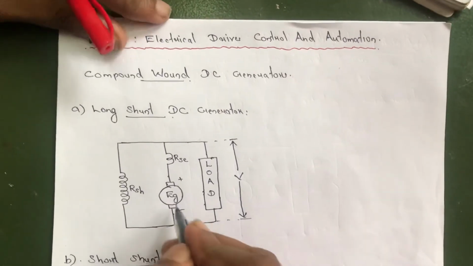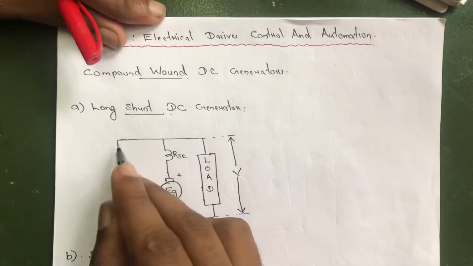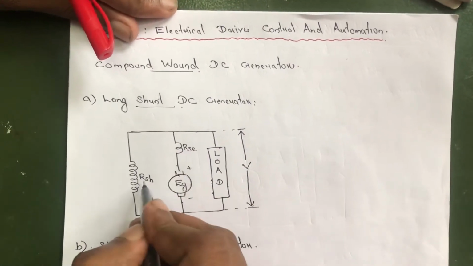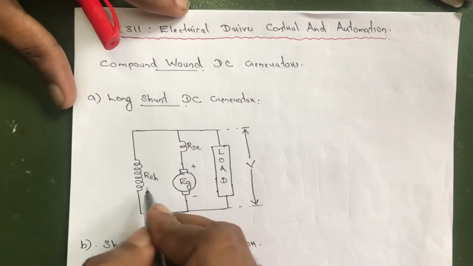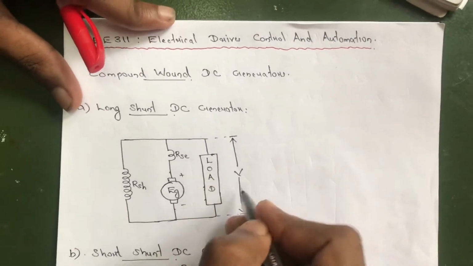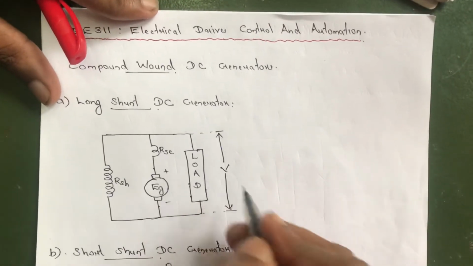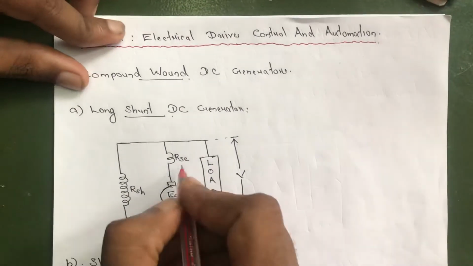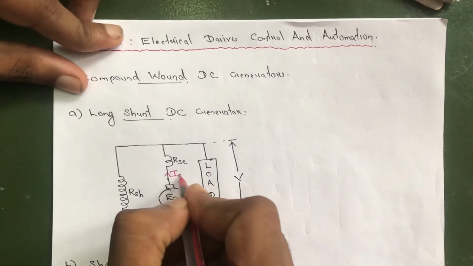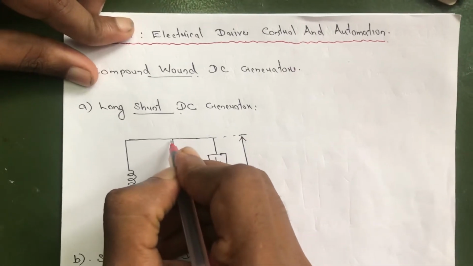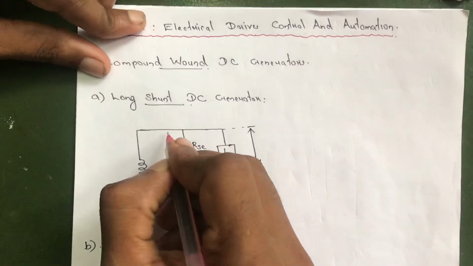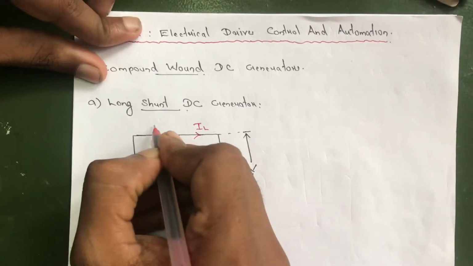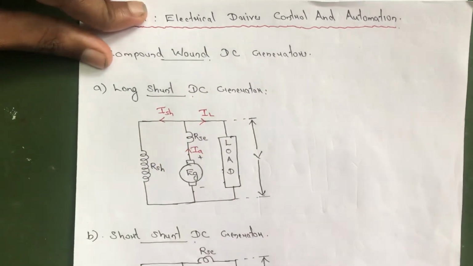This is the DC generator which is having a series winding and also a shunt field winding. The series winding is represented with RSC and the shunt field winding is represented with RSH, and a load is connected. The terminal voltage we are representing as V. As it is a generator, it will be generating a current, we can say it is IA, and then the IA will be flowing into two paths, towards the load side IL and towards the shunt field winding ISH.